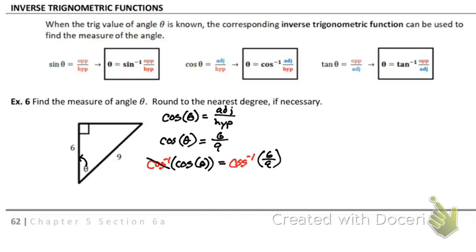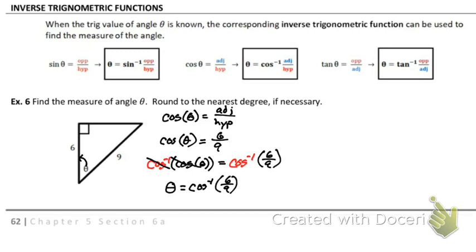The whole reason is because inverses undo each other. Cosine inverse of cosine dissolves, and you're just left with theta on that side. So we have theta equals cosine inverse of 6 over 9.